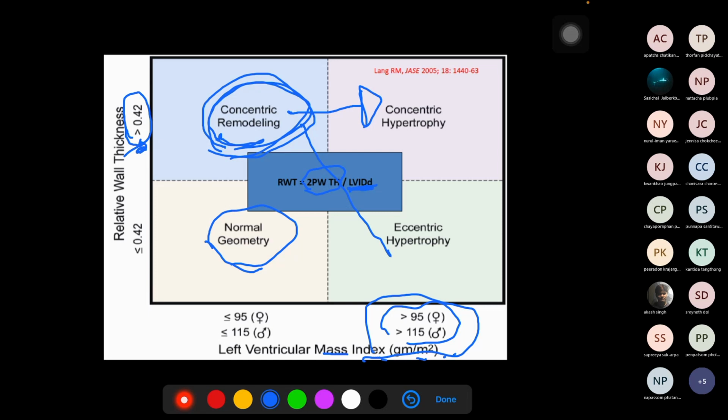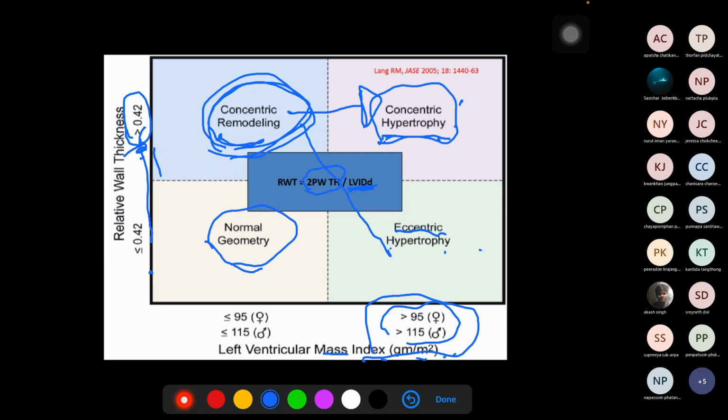Hypertrophy can be divided into concentric or eccentric hypertrophy. It's due to the relative wall thickness that we separate between both. The concentric hypertrophy means increased mass and relative wall thickness is also increased.